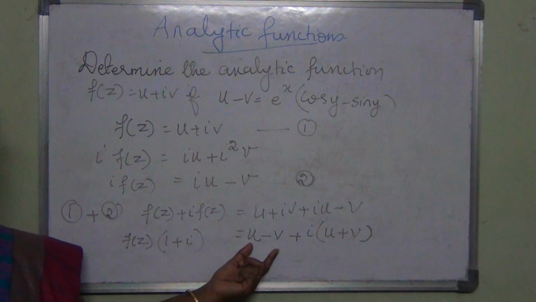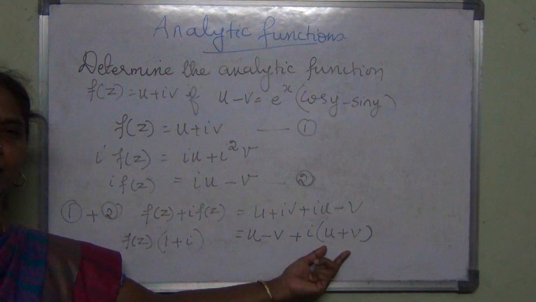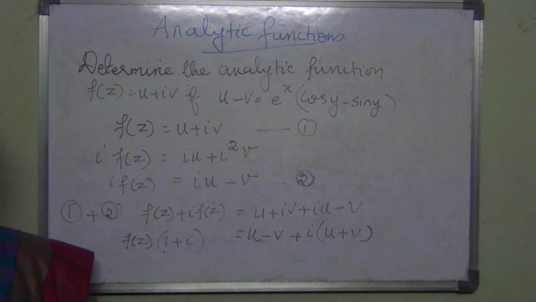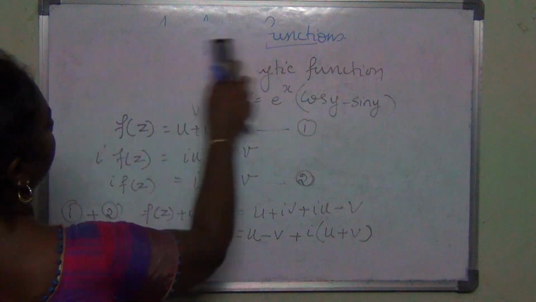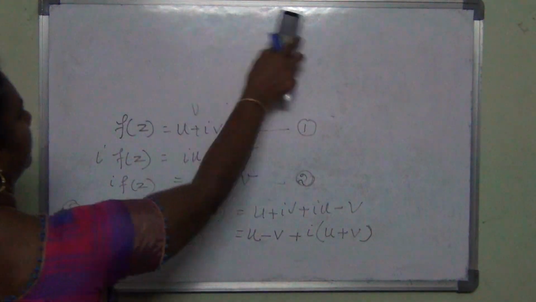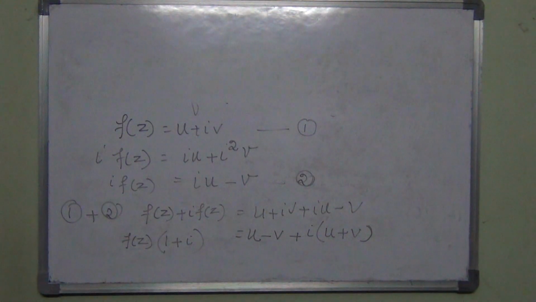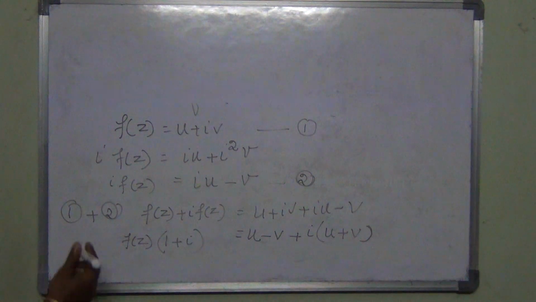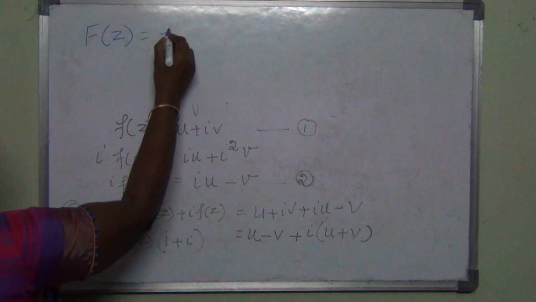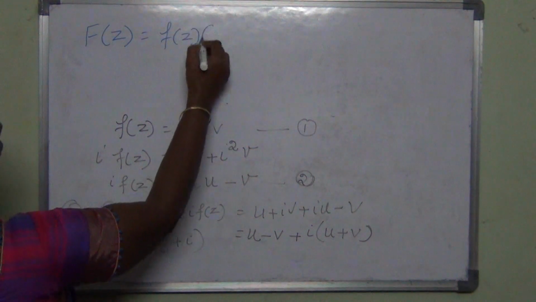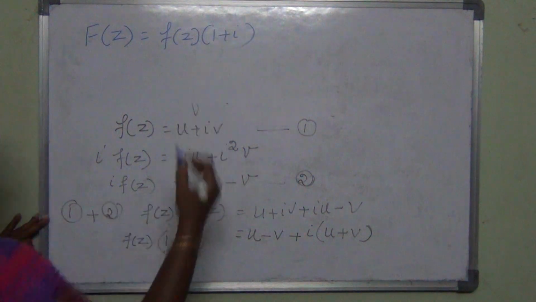So f(z)(1 + i) = (u − v) + i(u + v). This u − v I can take as some other variable, and this imaginary part u + v can be taken as some other variable. Now assume capital F(z) = f(z)(1 + i).